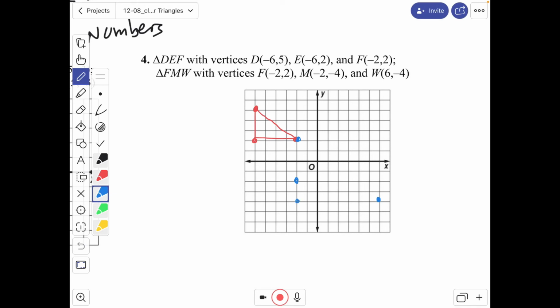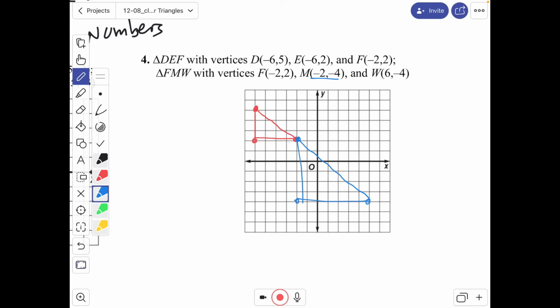So what? I didn't put that down there. Oops. Sorry, I didn't get this one correct. -2, 1, 2, 3, 4. So there is my second triangle.